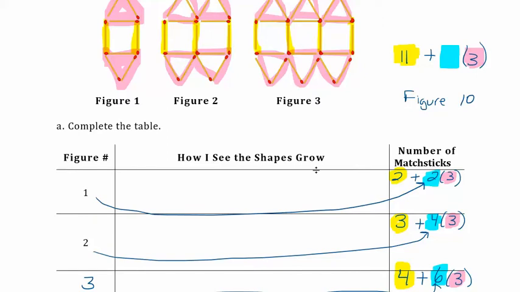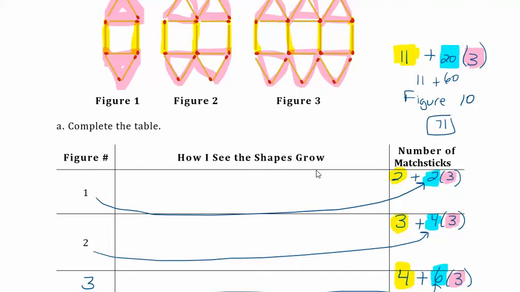You got it? There's twice as many, right? Twice as many triangles as the figure number. So in figure 10, there would be 20 triangles, and each of those triangles would have 3 matchsticks. So now I can figure out the total number of matchsticks in figure 10, which would be 11 plus 60, or 71.